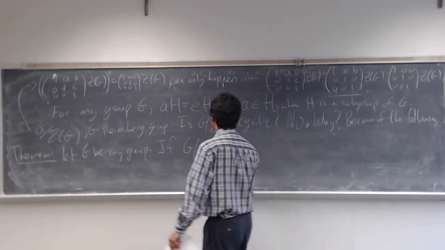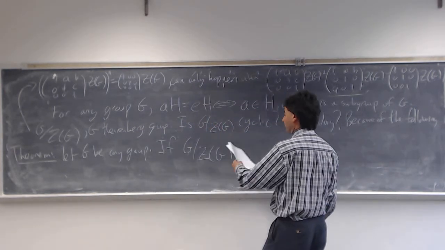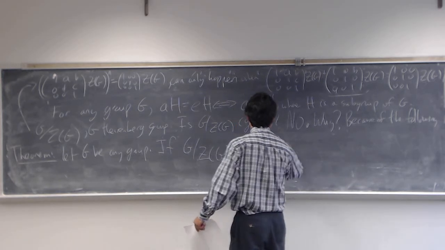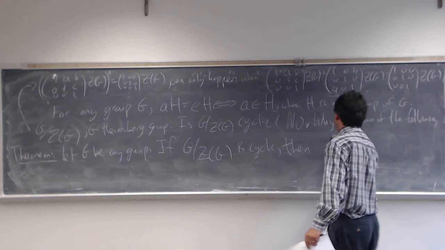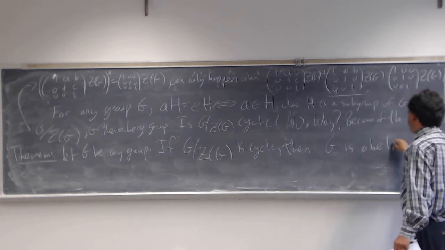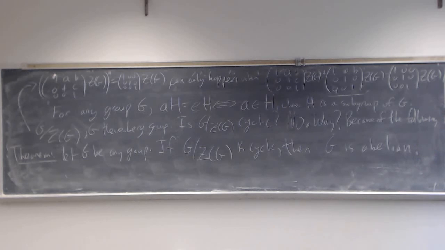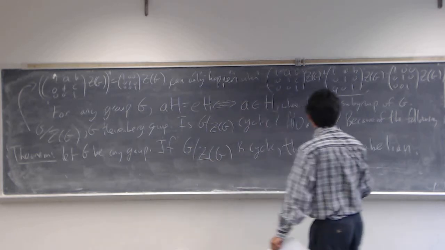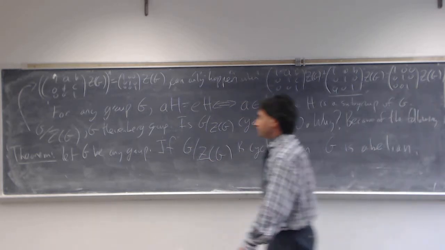If the factor group formed by modding out by the center, G mod the center, is cyclic, then the group itself, G, is abelian. So this is a structure theorem. By finding out some information about the structure of this factor group, G mod the center, we can get information about the original group itself.